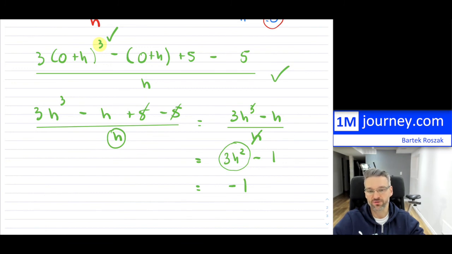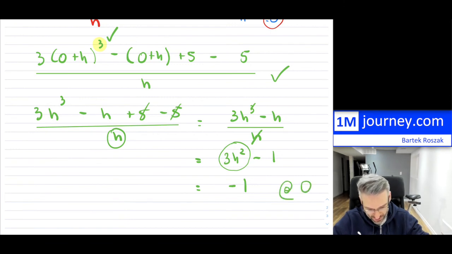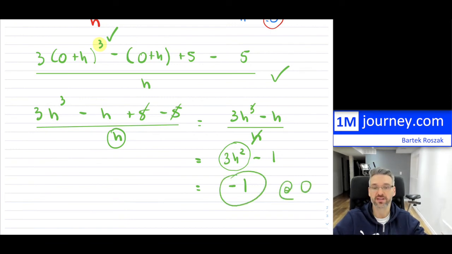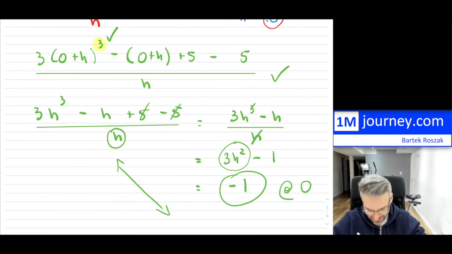Then you can find your actual instantaneous rate of change, or the slope of the tangent line, if you remember, because that's what it is. Now this was at 0. So basically our slope or instantaneous rate of change is about -1. So our slope is going to be like that.